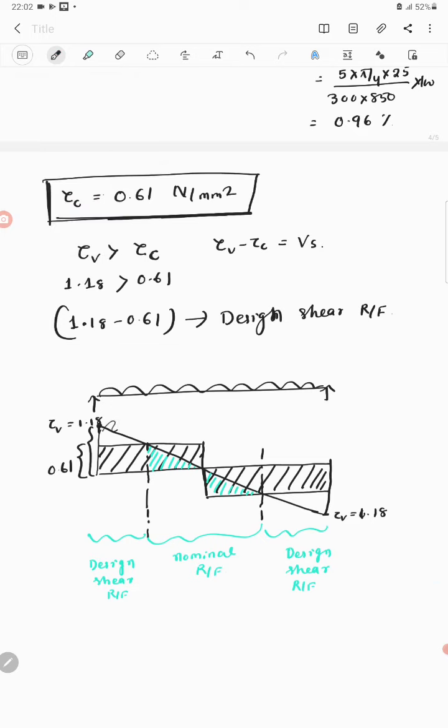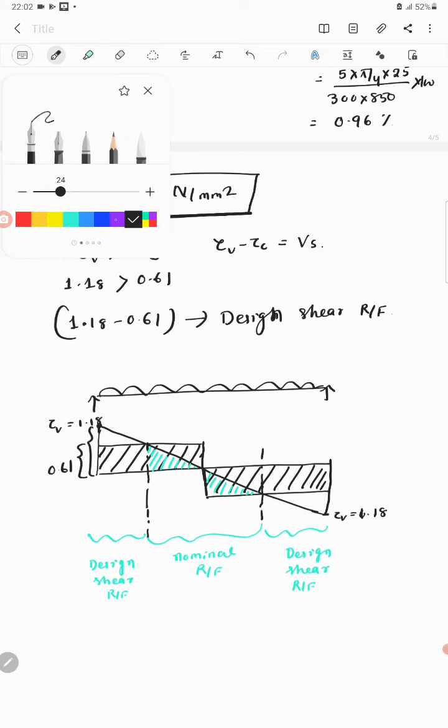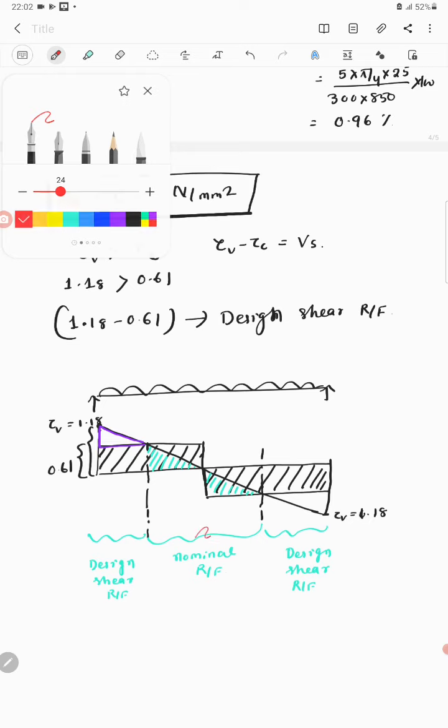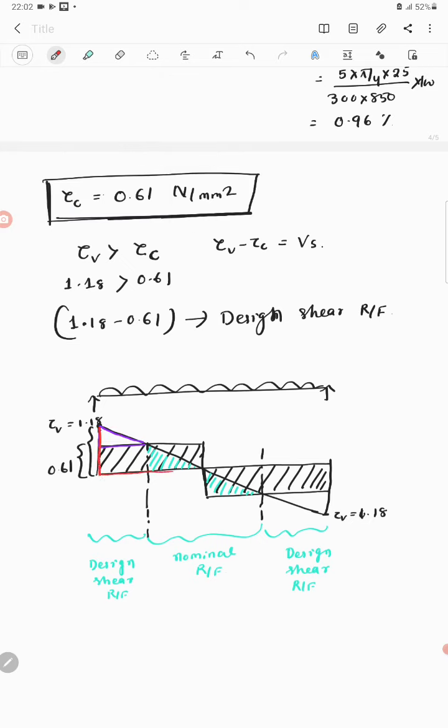Let's consider these two triangles. This is one triangle and this is another triangle.